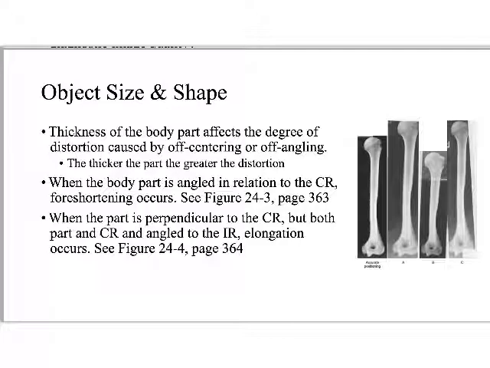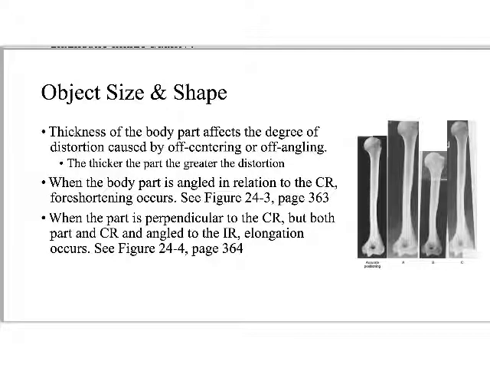They are perpendicular to each other, but they are at an angle to the actual image receptor, and that's going to cause the part to appear longer than it really is. Again, if you want to try this experiment at home, just get a flashlight, go into a dark room with your hand, right? And keep the flashlight perpendicular to your hand as you angle it in relationship to the floor or the wall. And you'll see your hand get elongated. The fingers will get longer, right?